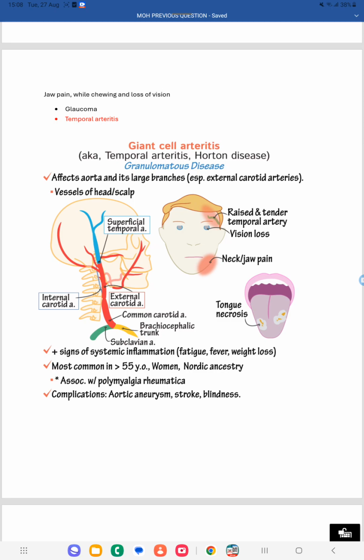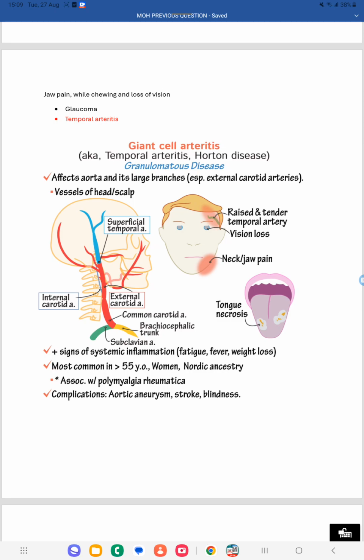Temporal arteritis is an inflammation of the blood vessel. Which blood vessel? Temporal artery. Inflammation of the temporal artery is called temporal arteritis, or giant cell arteritis.